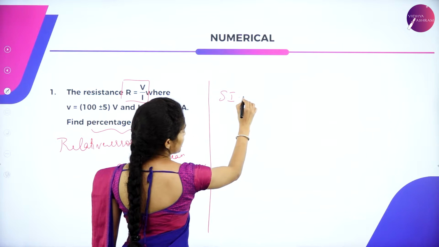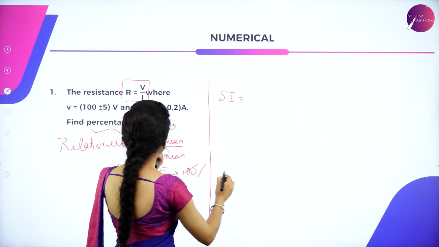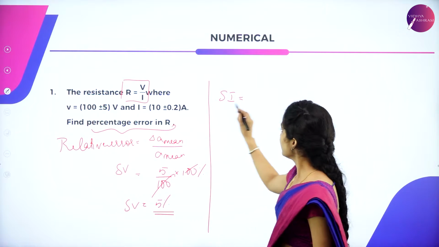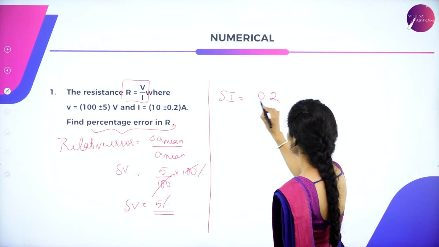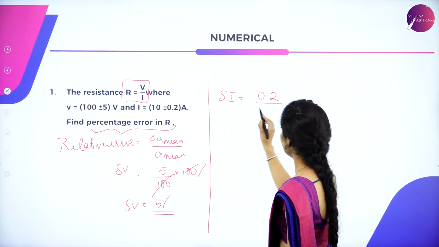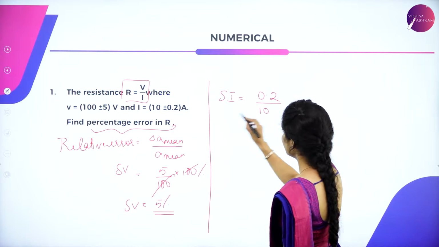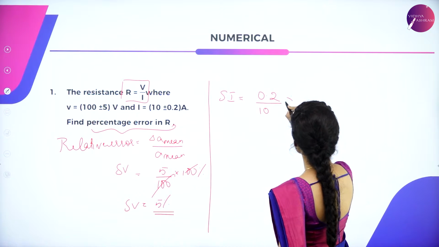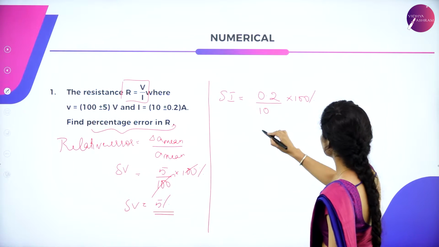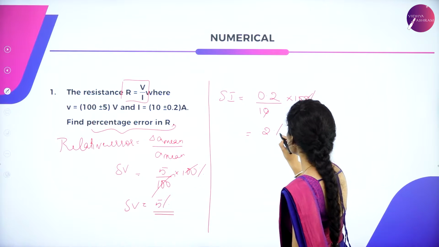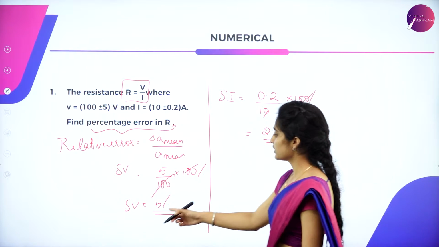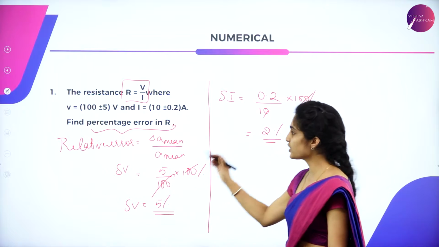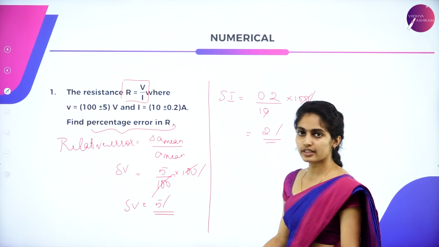You take the 0.2 ampere divided by 10, the value of the quantity, into 100%. So you get it as 2%.